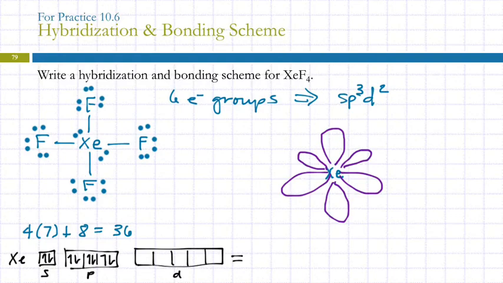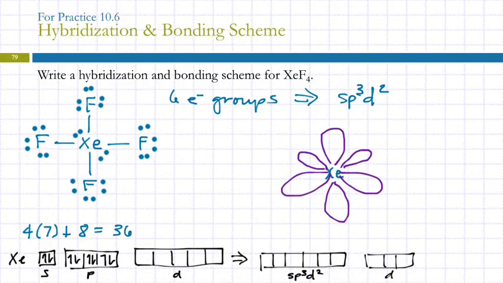When we hybridize this, we're going to end up with 6 that are equivalent, sp3d2, and then there are some d orbitals that are left by themselves. Xenon has 8 valence electrons. 1, 2, 3, 4, 5, 6. The last 2 have to pair up. 7, 8. So we've got 2 that are lone pairs and 4 that are going to make bonds.